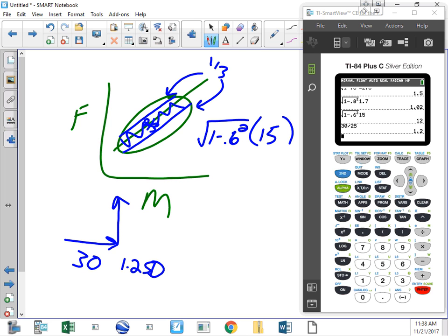So I go up 1.2 SDs, but it's not all of it. It's only 60% of that. So 1.2 times 0.6 is 0.72. So the final score is 0.72 SDs higher than the average.